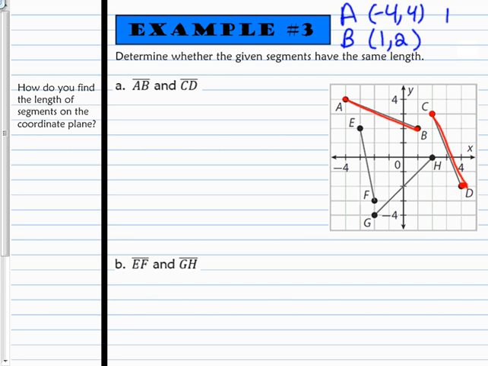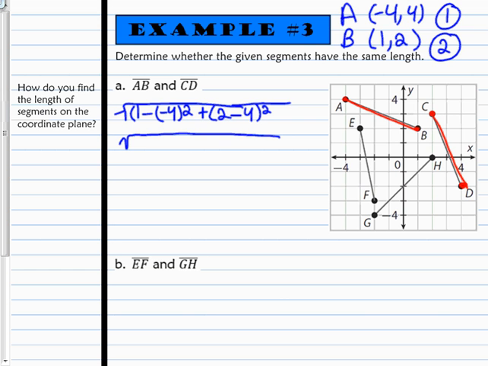So I'm going to make this my first set of points and my second set of points. So the square root of x2, which is 1, minus -4 squared, plus y2, which is 2, minus 4 squared.